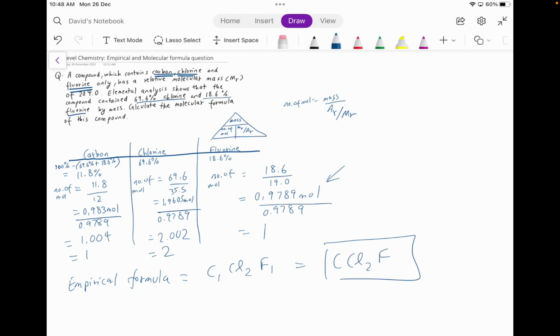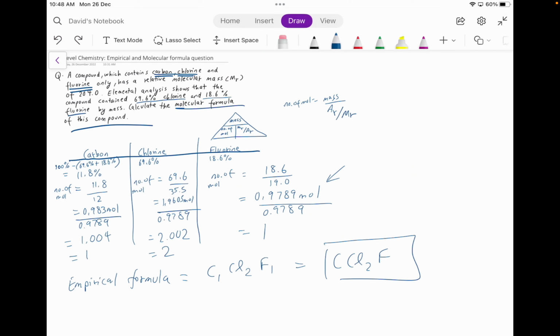CCl2F. All right? Now the next step is to find the molecular formula. This is where we have to find a specific number. To find that number, we divide the molecular mass by the relative formula mass of the empirical formula, and we multiply that number by all the elements here to get the molecular formula.